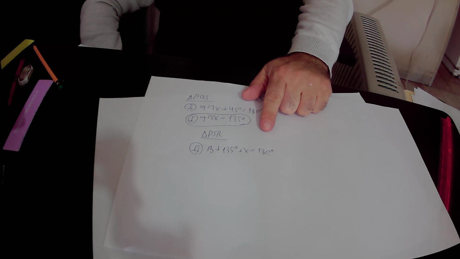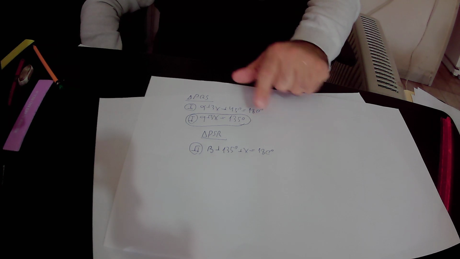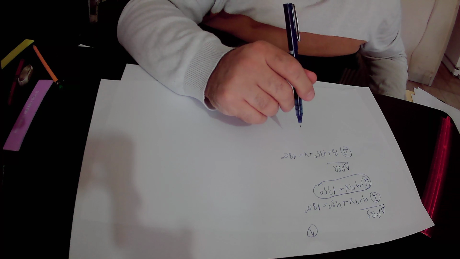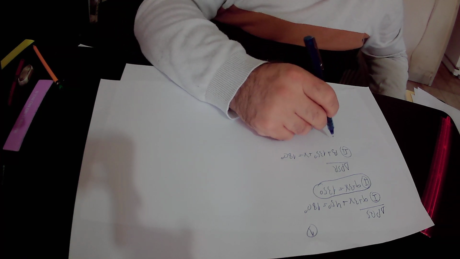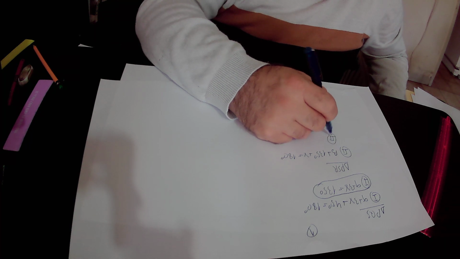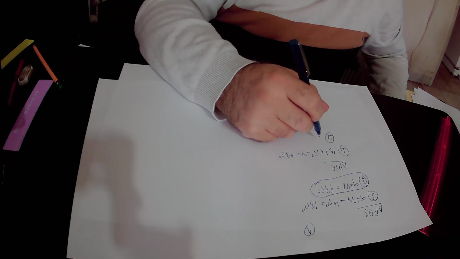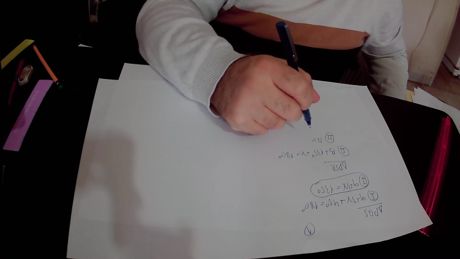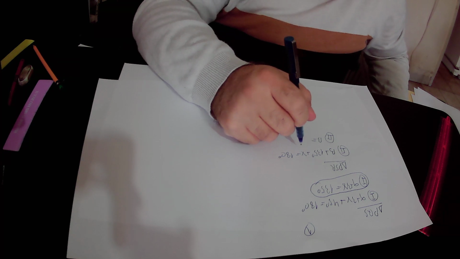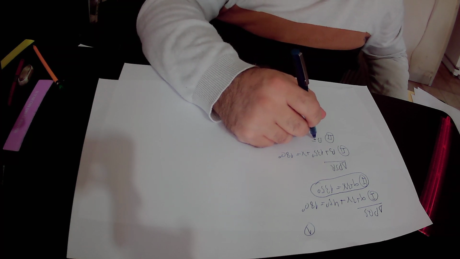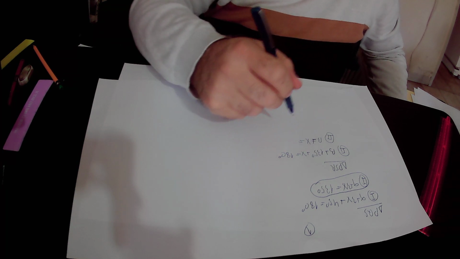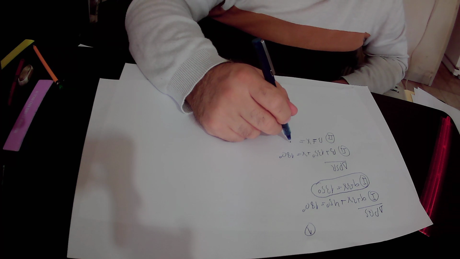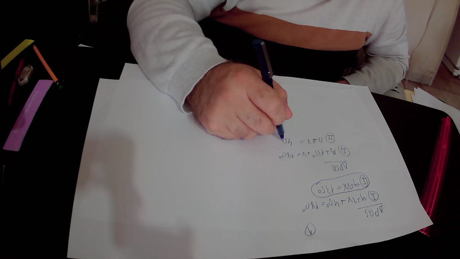We will subtract 135 degrees from this equation number 2, and we will get that beta plus x equals 180 degrees minus 135 degrees, which equals 45 degrees.